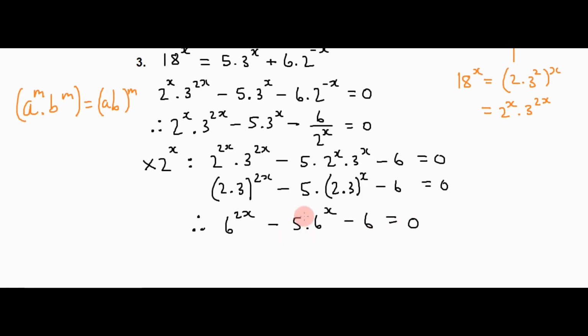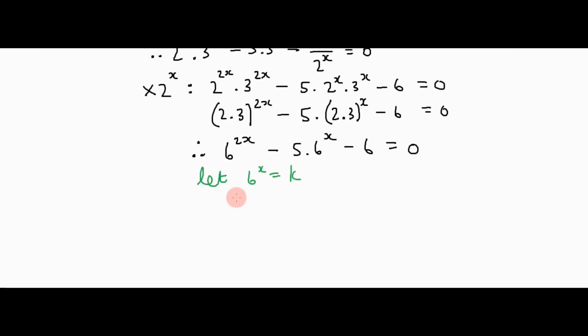Once again, we have a trinomial. So using k substitution, we let 6 to the x equal k, and hence 6 to the 2x will equal k squared. So then we have k squared minus 5k minus 6 equals 0.